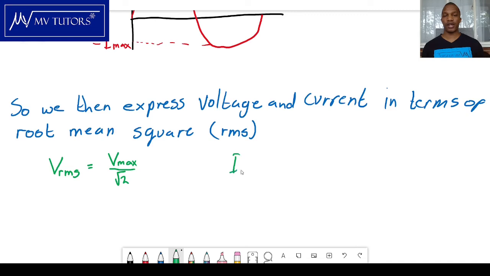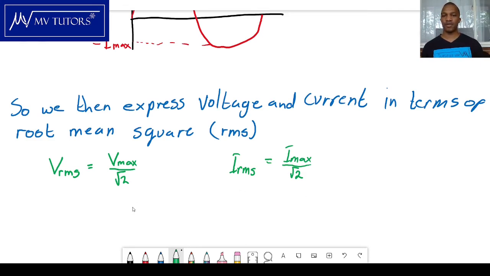Also, we use the RMS current, where you take the maximum current and divide it by the square root of 2. Now this is in your formula sheet. Like I said, I'm not going to derive it, but I can. I just wanted to show you why we use them. I think that's more important to know.